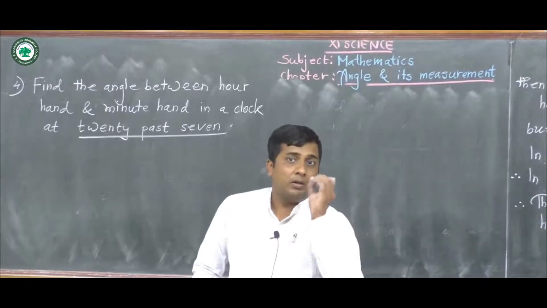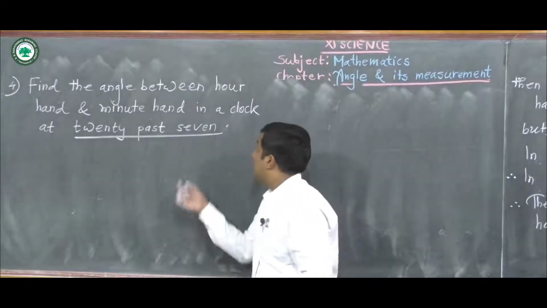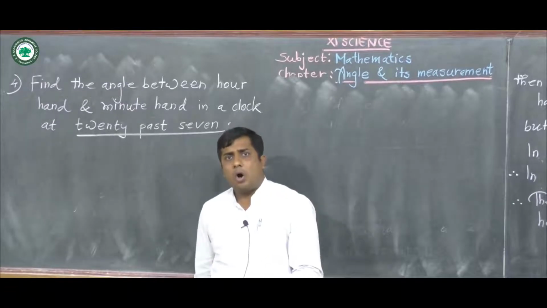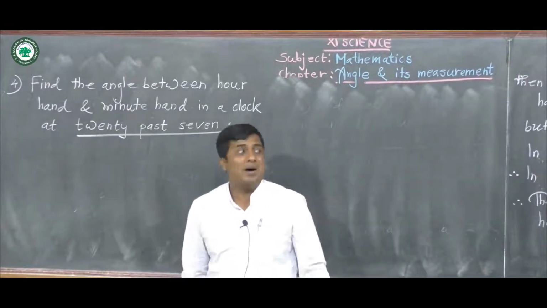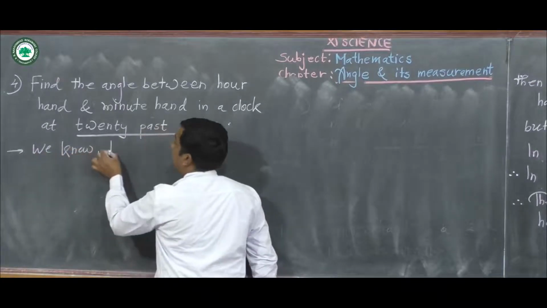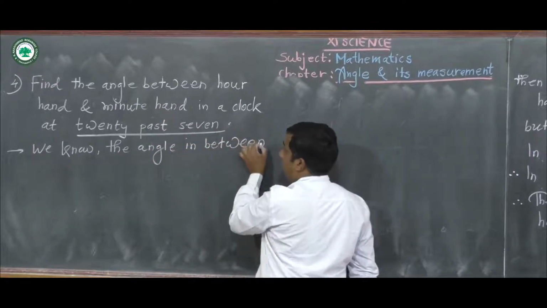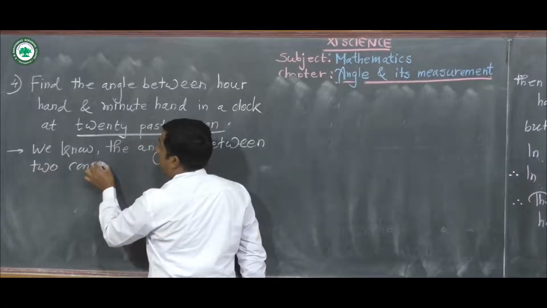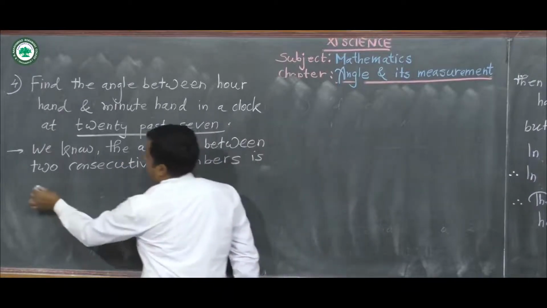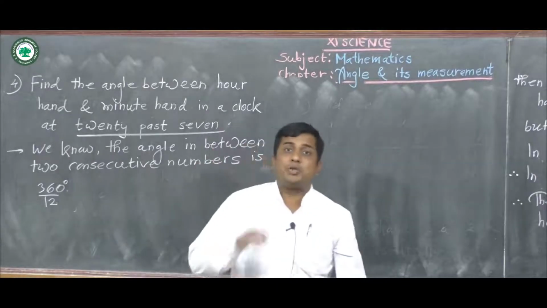Here our hour hand is at 7, and the minute hand is at 4, since 20 minutes is given. Again, we know the angle between two consecutive numbers is 30 degrees. Remember, one complete rotation is 360 degrees and a total of 12 numbers are given.